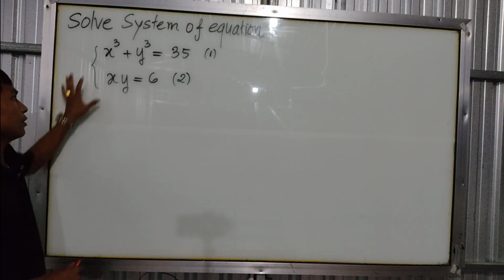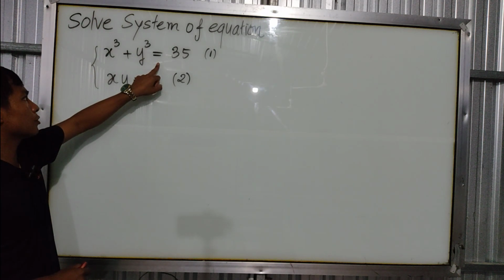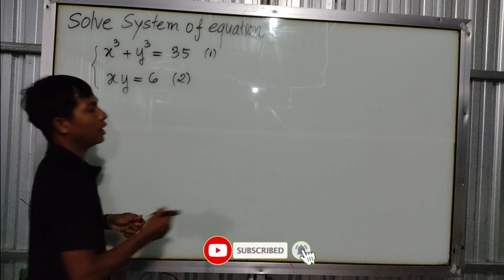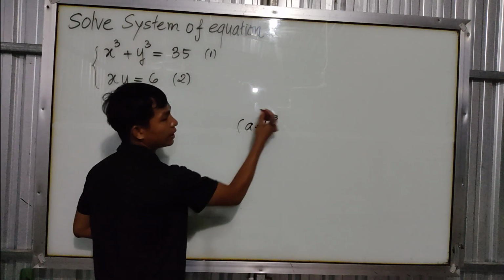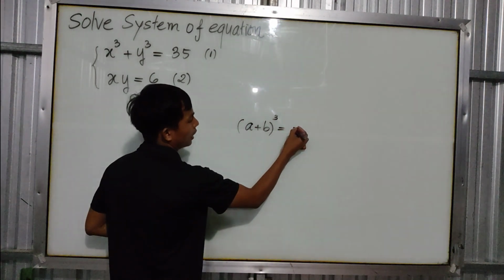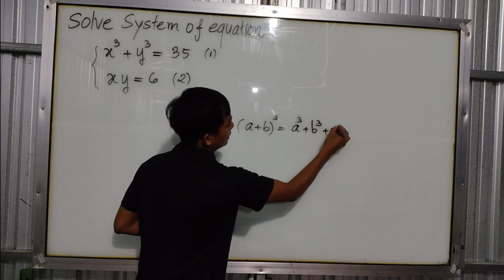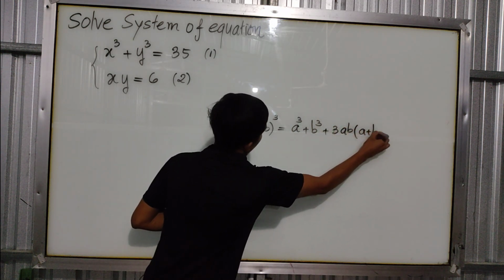Now to solve this system, we use the cube identity. We have (a plus b) all power 3 equals a power 3 plus b power 3 plus 3ab multiplied by (a plus b).